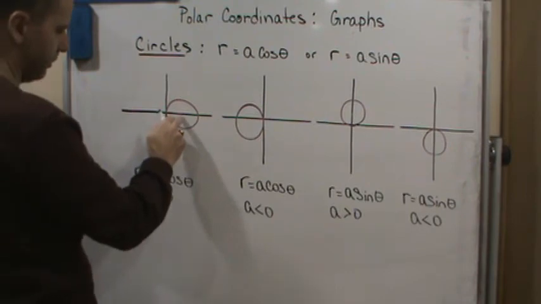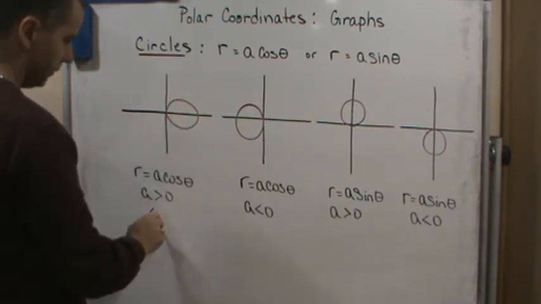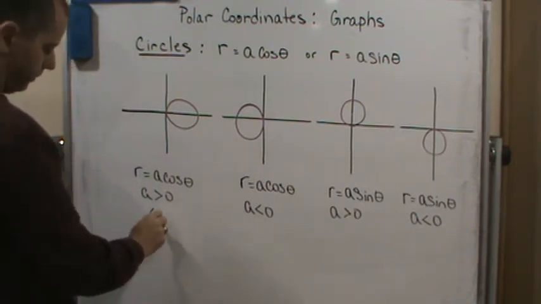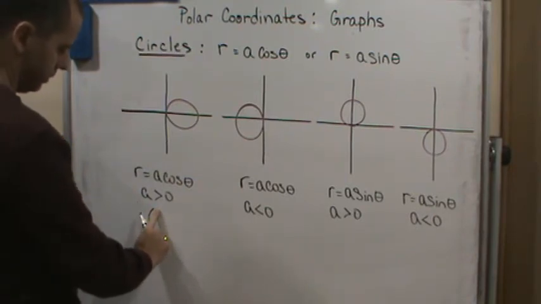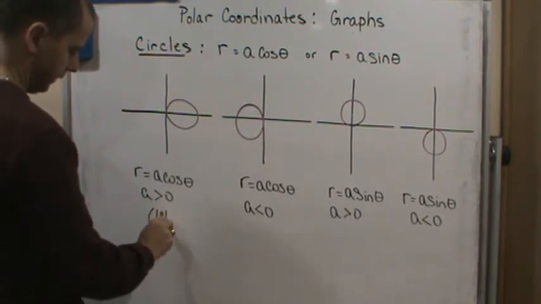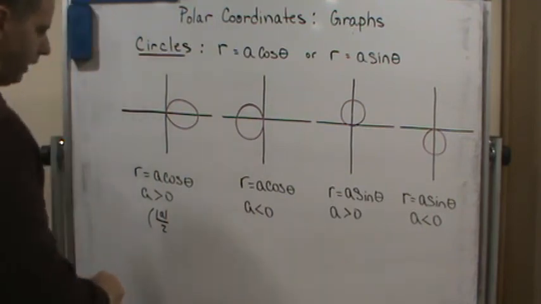The center is going to be located on the x-axis, and so it's going to be absolute value of A over 2, right?